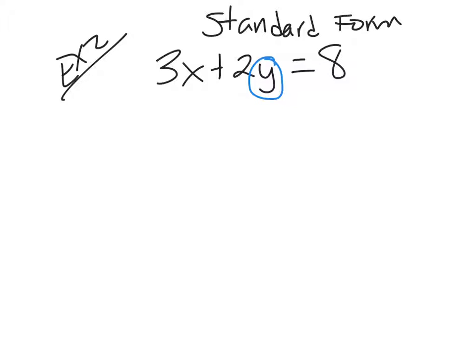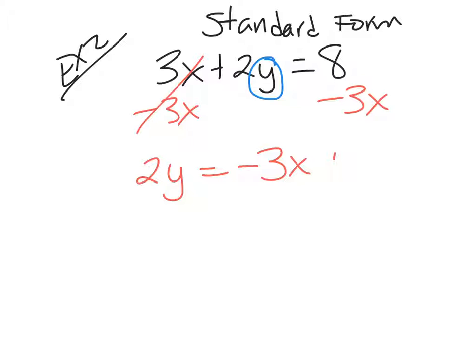Okay? So try and get y by itself. The first thing I want to do is minus 3x. Subtract the 3x to move it to the other side. So I'm left with 2y equals, and I always put the variable first, so I'm going to say negative 3x plus 8. Very good. And then how to get the y by itself?